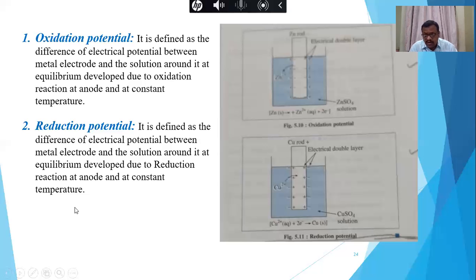You should keep in mind that the oxidation potential develops at the electrode which is called the cathode, and the reduction potential develops at the electrode which is anode.